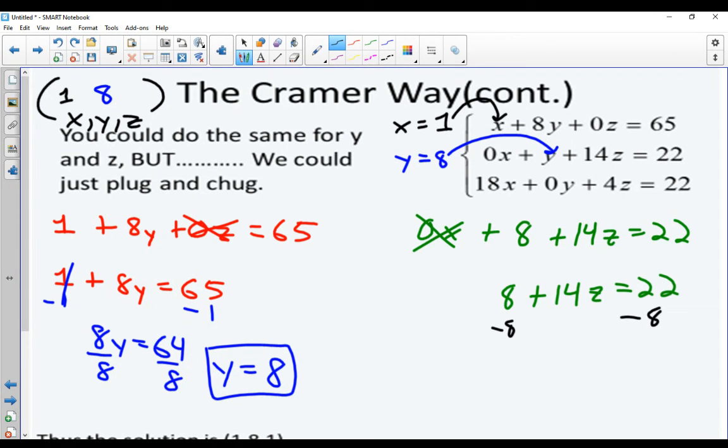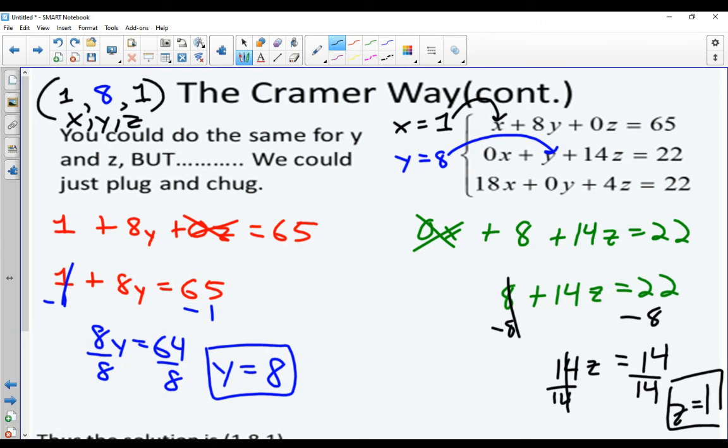Subtract 8 to both sides, and you get 14z equals 22 minus 8, which is 14. Divide by 14. Z is 1. And there you go.